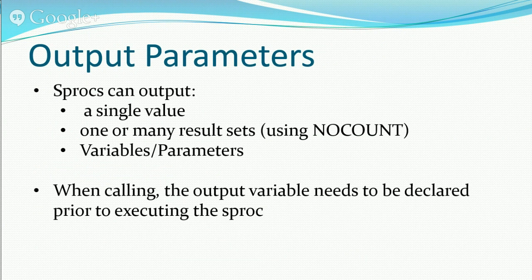On the output side, you can have a single value selected out of a stored procedure. You can have one or many result sets out of a stored procedure. When you have many result sets and you set no count off, it will return a behind-the-scenes parameter, I can't remember the exact one.